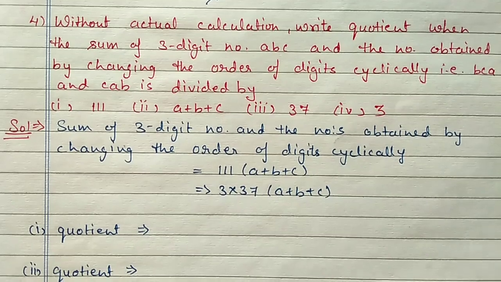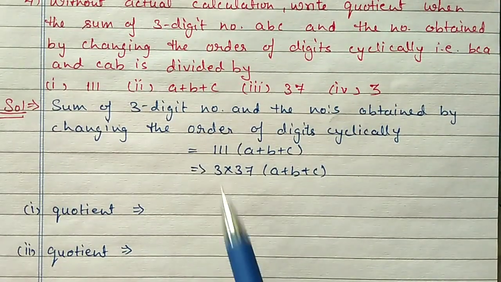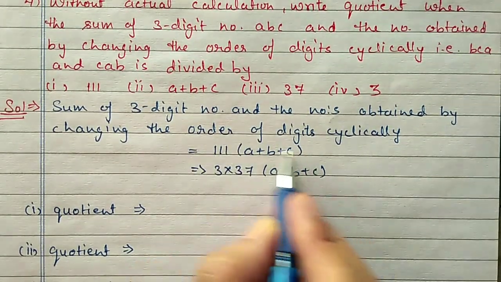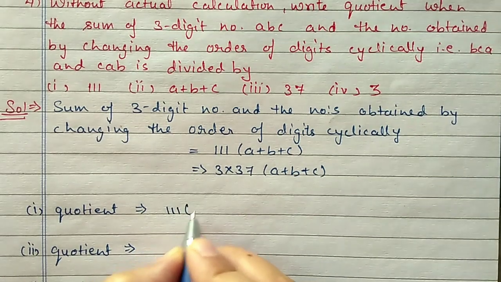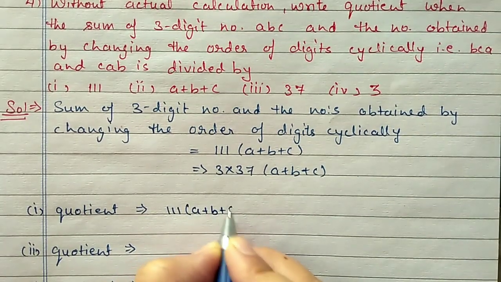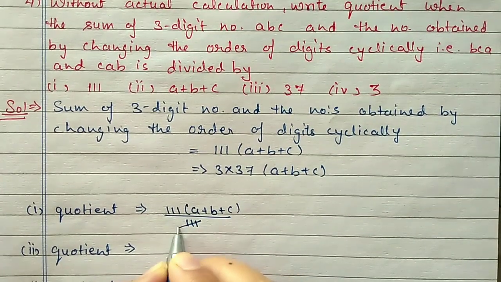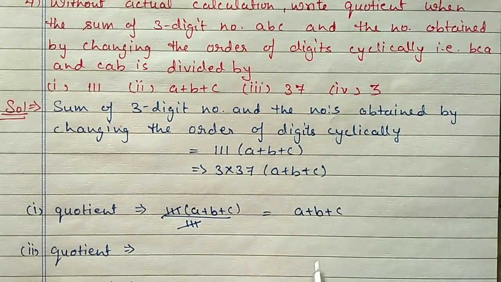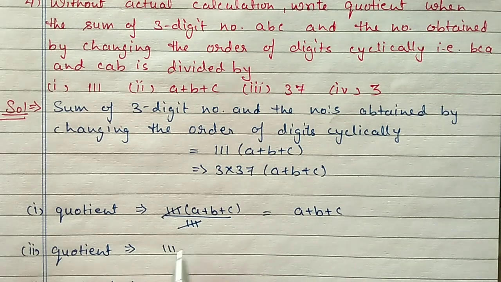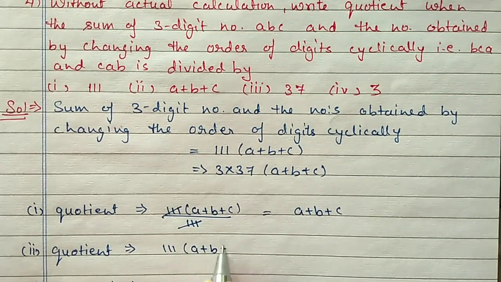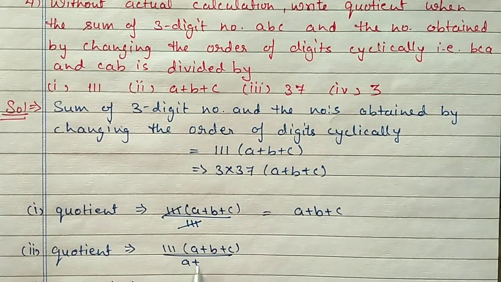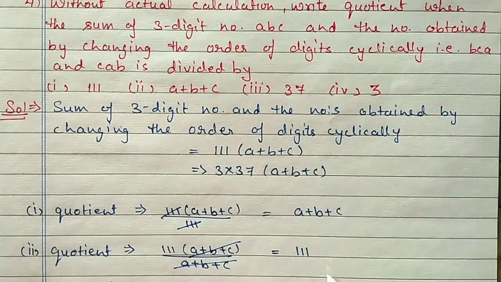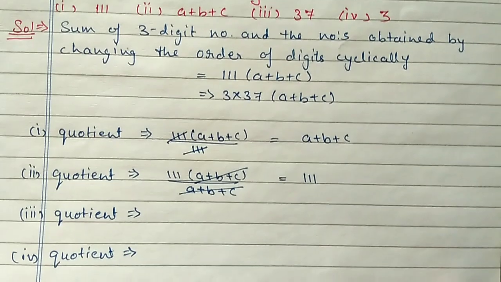So the first case is when we have to divide it by 111. If we divide by 111, in that case 111 will cancel out, and the answer will be A plus B plus C. Second, if we divide it by the sum of these digits, A plus B plus C, in that case A plus B plus C will cancel out, and the answer will be 111.